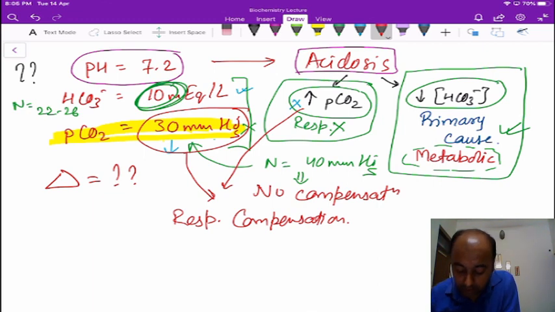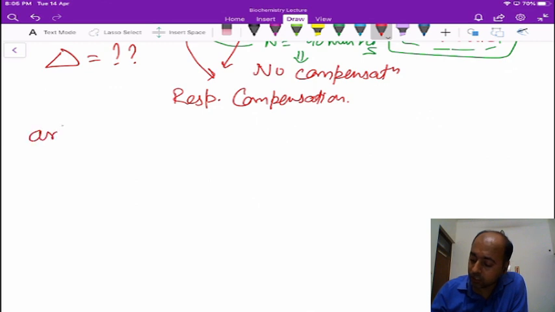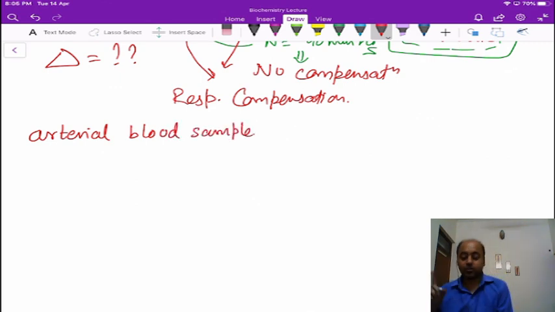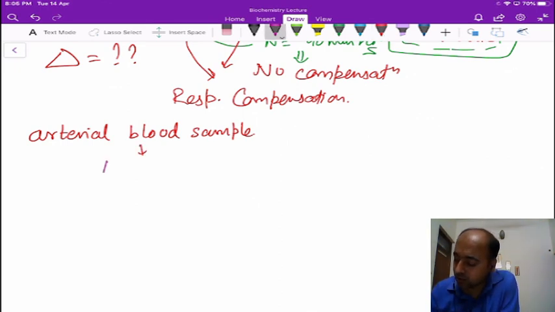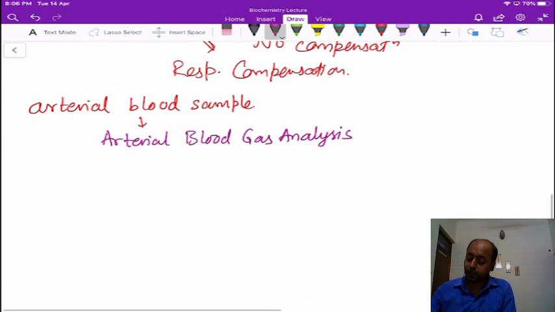Now I'll try to answer some questions that we are seeing here. Number one, we take the arterial blood sample. The test is called arterial blood gas analysis.